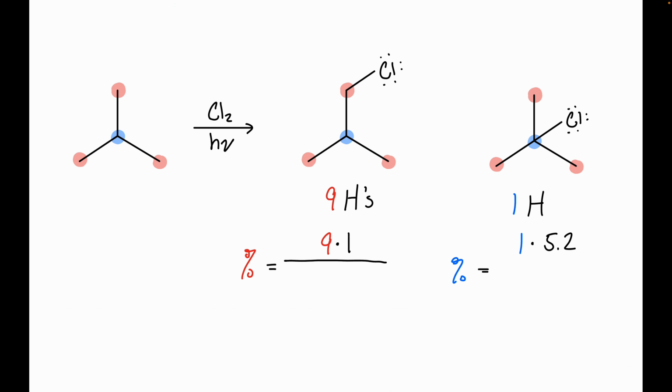Then I have to divide by the total, so divide by 9 times 1, plus 1 times 5.2, times 100. Same denominator over here.